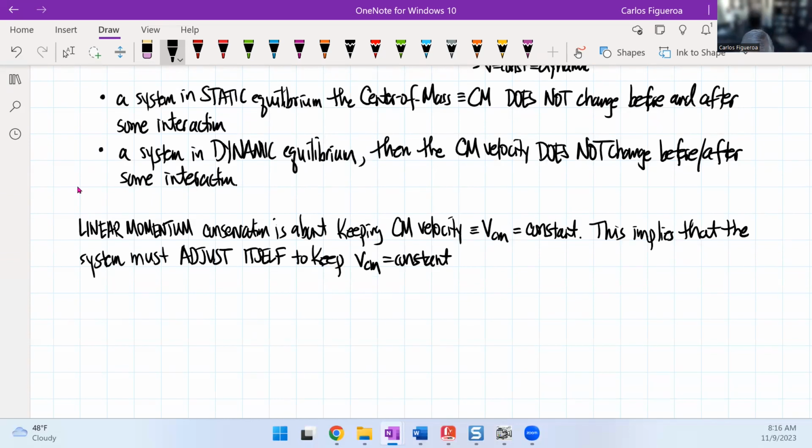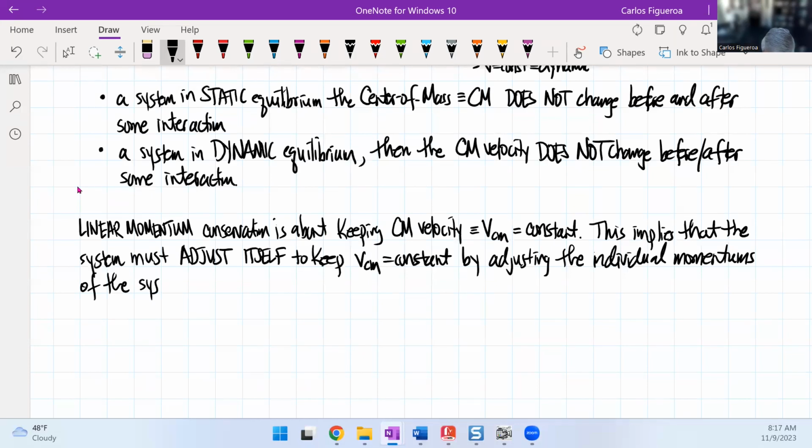So the system must adjust itself to keep the center of mass constant by adjusting the individual momentums of the system's objects.